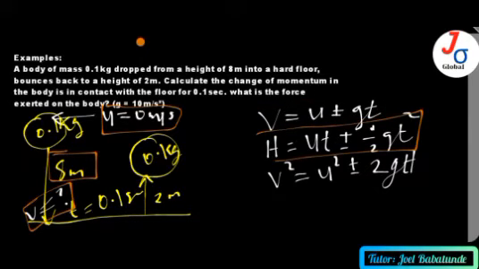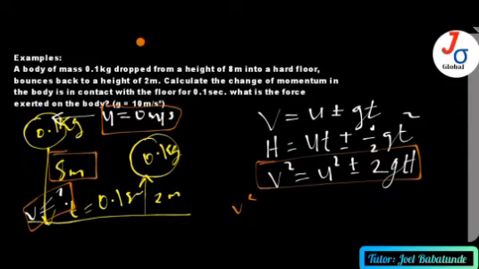In this one, we have height, we have U, but we don't have V, and V is what we're looking for. So this is the formula we're going to use. V squared equals U squared, which is 0 squared, plus, because it's coming down in the same direction as gravity, 2 times G. They say G is 10 meters per second squared. The height is 8 meters.